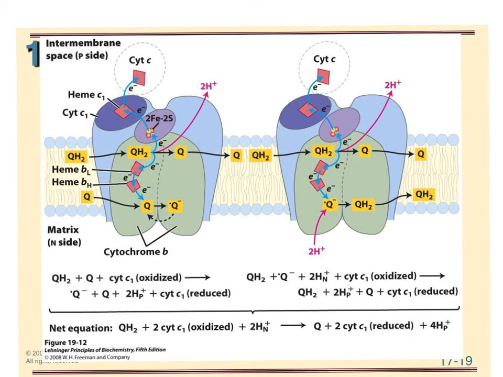Of the 4 complexes, this is probably the easiest one for me to understand where they're coming from, because 2 of them every other time, every second time, come from the matrix to reform the QH2, right? Every time, 2 of them come from the QH2 when it leaves the Q, and they just leave to go on out here.